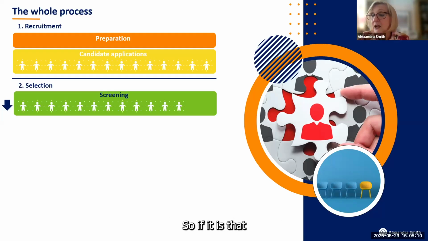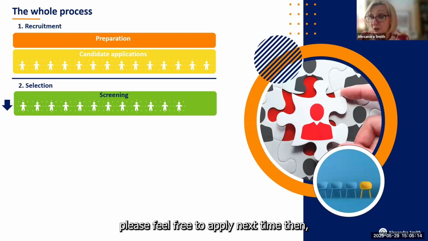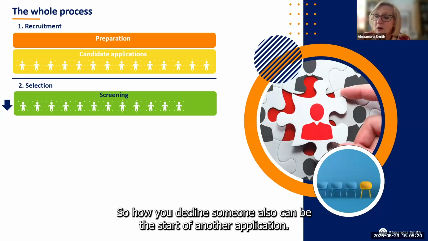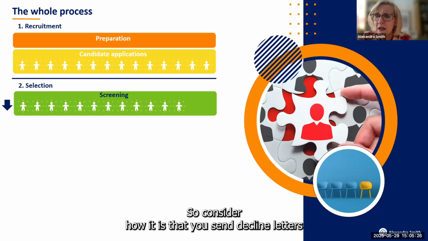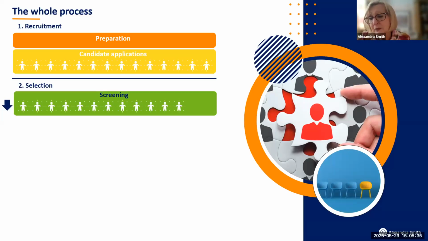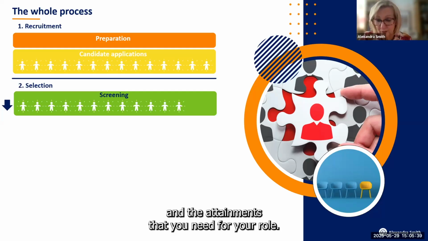If they could apply next time, say please feel free to apply next time, then you give them the opportunity to stay connected with you. So how you decline someone can also be the start of another application. So consider how you send decline letters to those candidates that have applied but haven't displayed the competencies and the attainments that you need for your role.